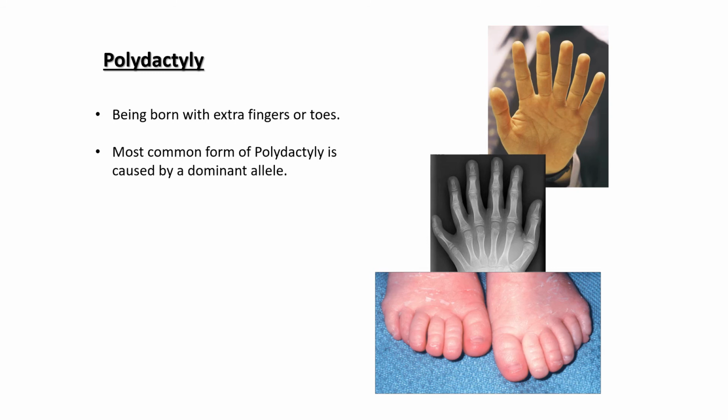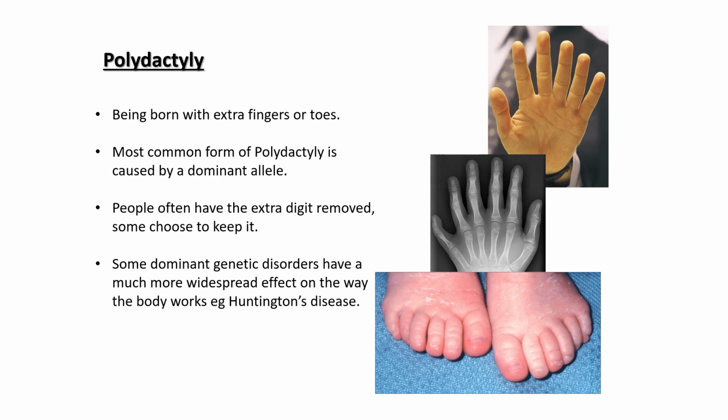People often remove their extra digit, and some people live quite happily with them. Now, if you have polydactyly and are heterozygous, there is a 50% chance of passing this disorder to your children. If you have a homozygous allele, your children will definitely have the condition.